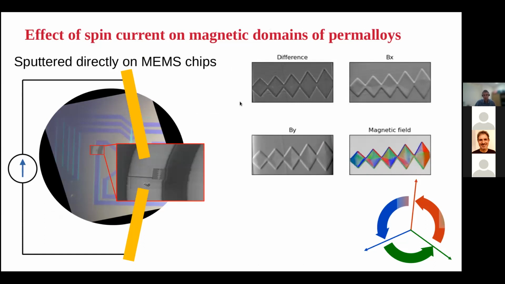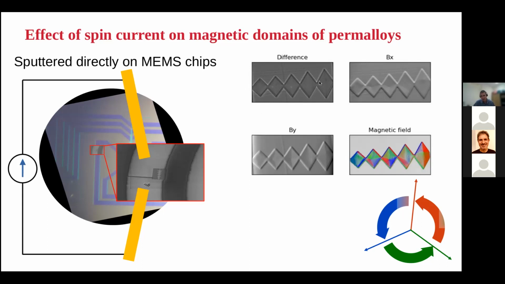So we apply a current in the horizontal direction of this diamond structure, and we take images at different defocus and so on. So we are able to get a magnetic signal, and you can already see that in the middle of this lozenge, you have a bright point, which is a vortex point of the magnetic structure.